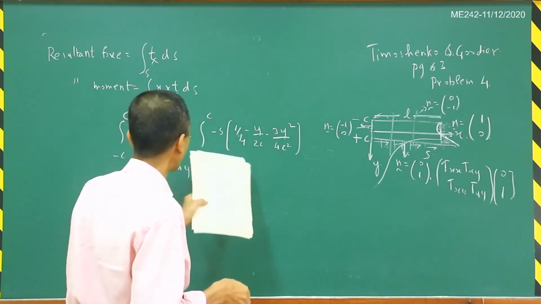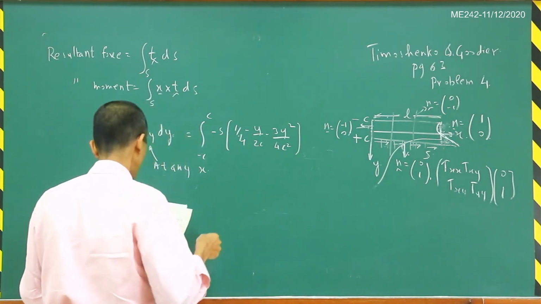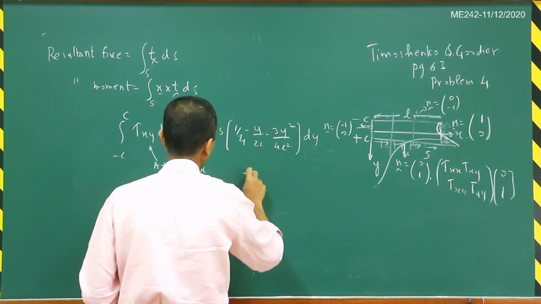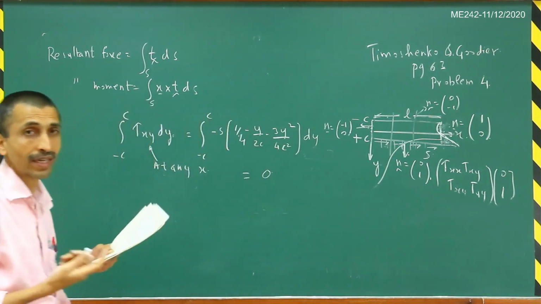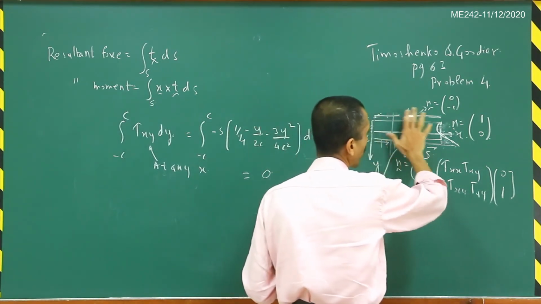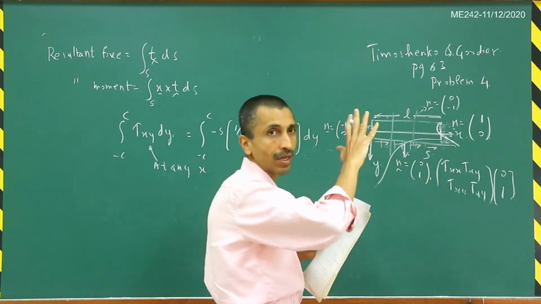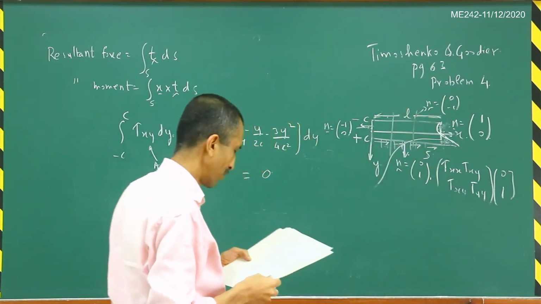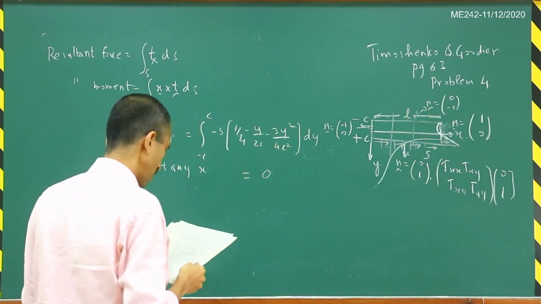And if I integrate this over dy, then if you carry out this integration, this is equal to 0, and that is expected, right? Because if you draw a free body diagram of this particular body, you will see that there is no resultant shear force along this particular direction here.